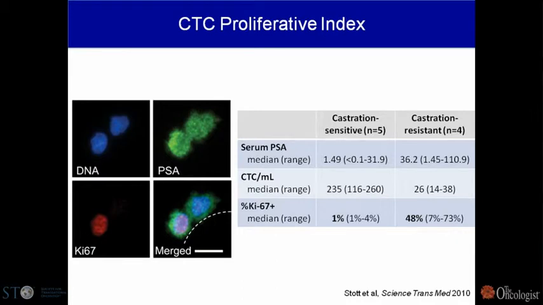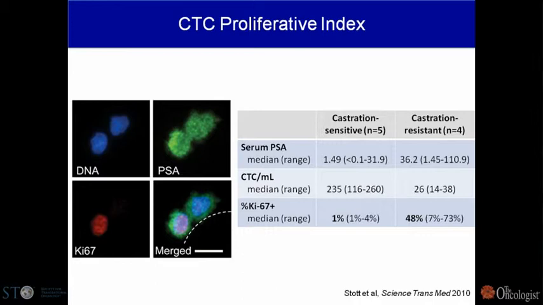And in very early studies, if we look at castration sensitive, so these are newly diagnosed prostate cancers being treated with hormone therapy, we can see lots of CTCs in some cases, but the average proliferative index is around 1%. It's really, really low. And in a small subset of patients with castrate resistance, so very refractory prostate cancer, sometimes we see fewer numbers of CTCs, but the proliferative index is much higher.